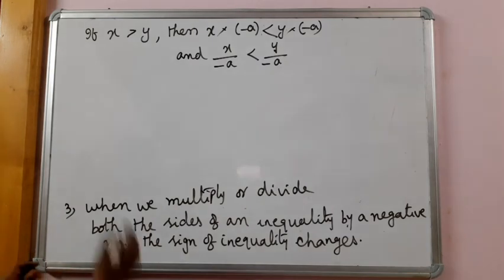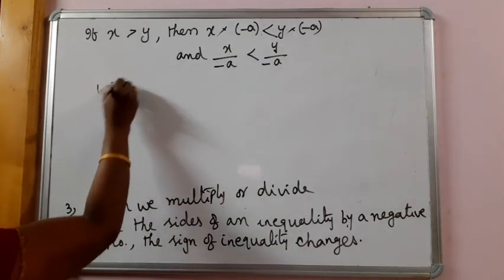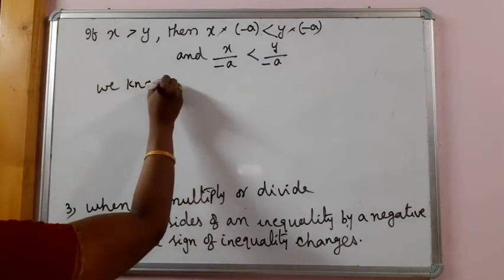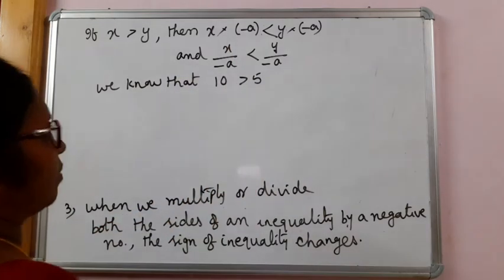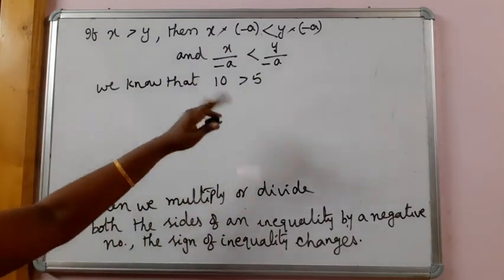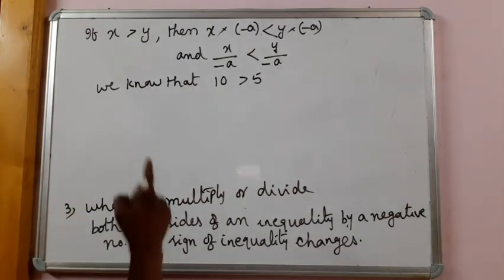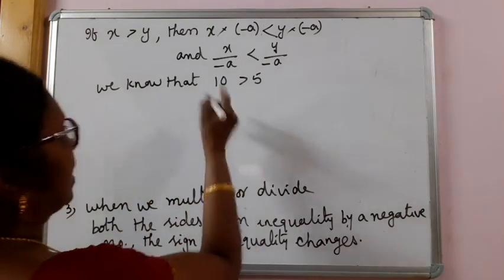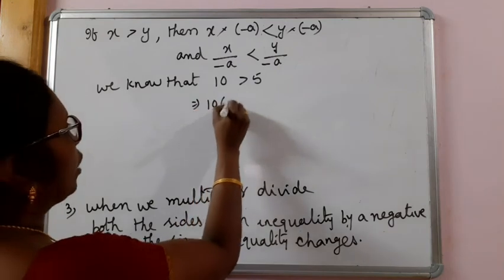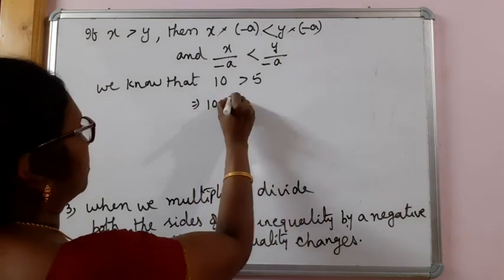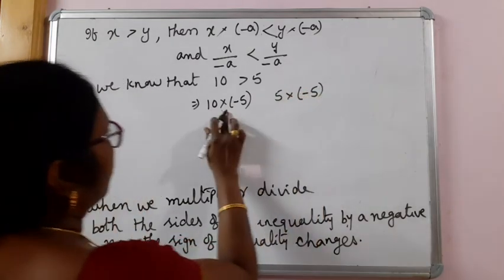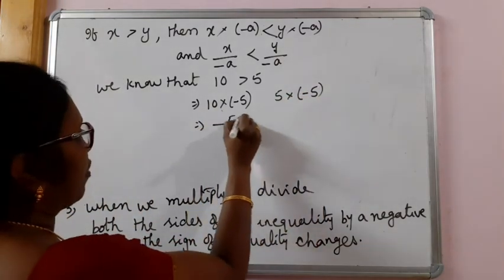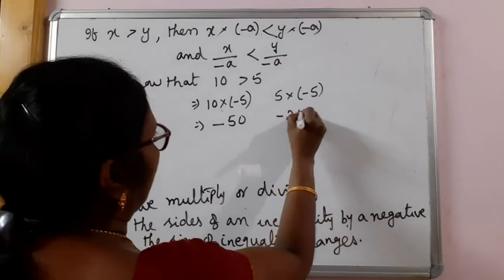Why and how, let me explain you. We know that 10 is greater than 5. Let me multiply both the sides by minus 5. 10 into minus 5, here 5 into minus 5. 10 5s are minus 50, minus 50, here minus 25.